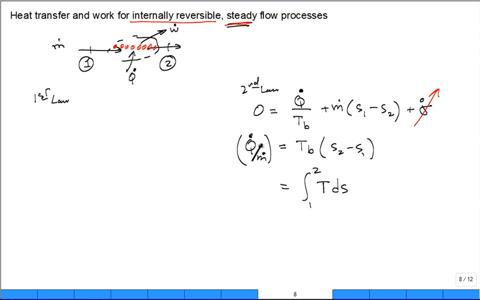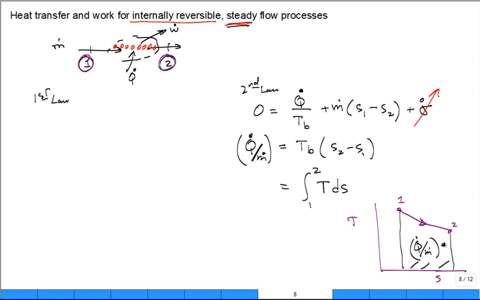Hence, the notion that on a temperature entropy diagram, if you have a process 1 to 2, so it's flowing in at state 1, flowing out at state 2, its properties are changing along the route, and you know how they change along that route inside the system, then you can do an integral of the area under the curve, and that's a physical representation of the heat transfer per unit mass.